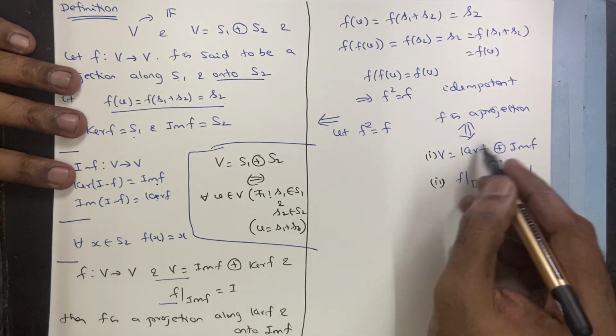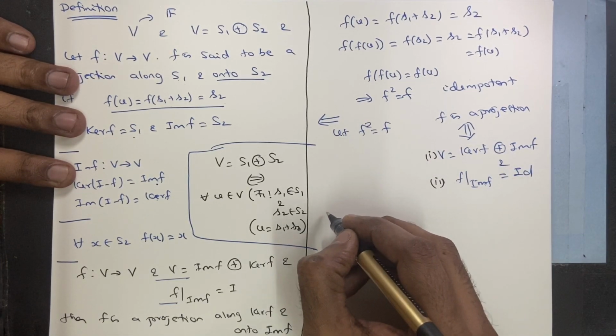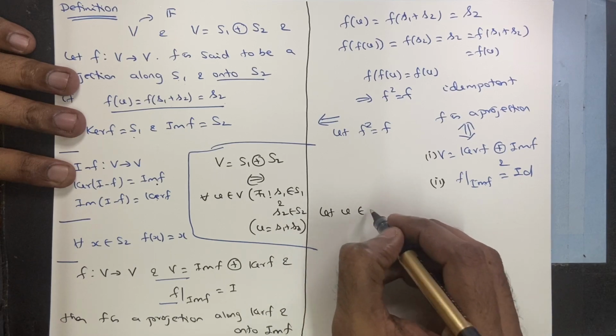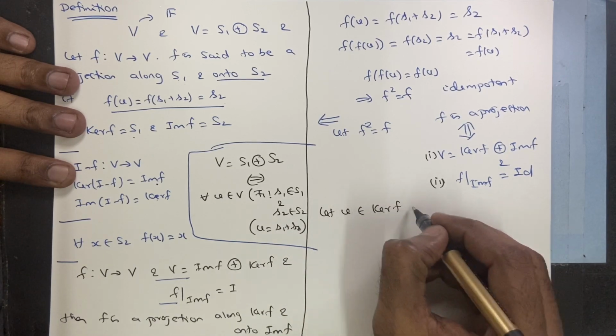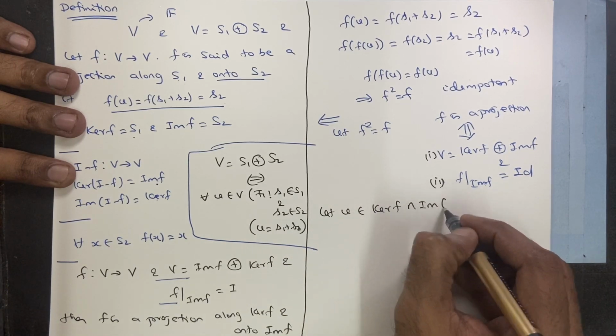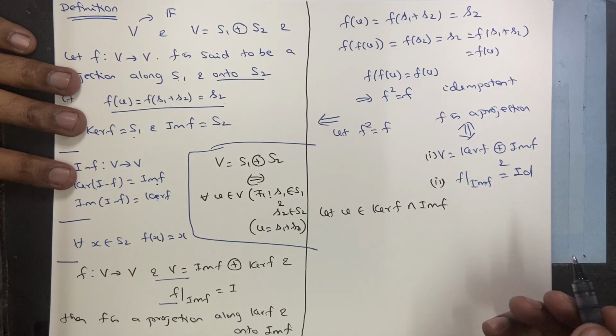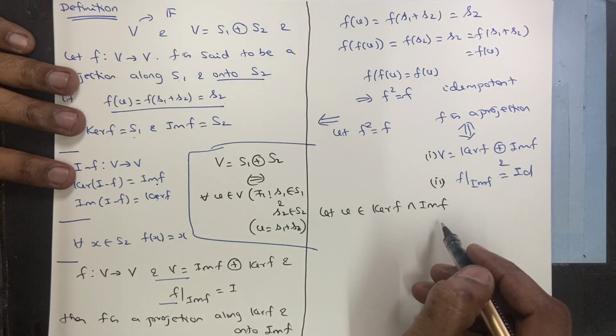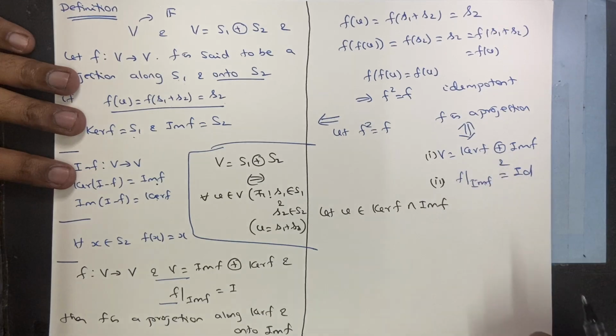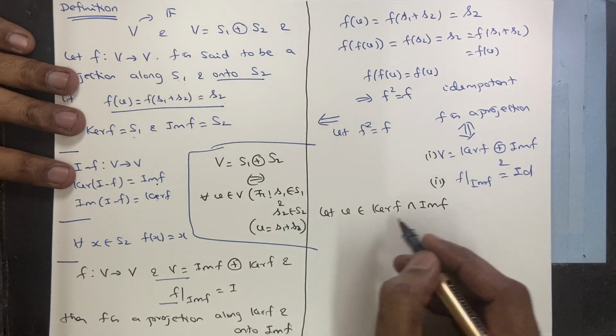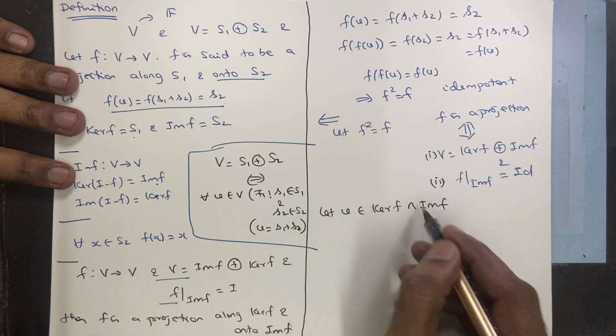Let's try to prove the first part. Let v belong to the intersection of the kernel of f and the image of f. We want to show the intersection is the singleton 0. To show that, let's take an arbitrary element from the intersection.